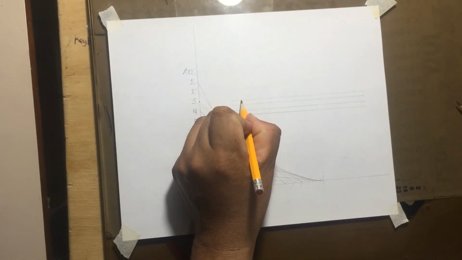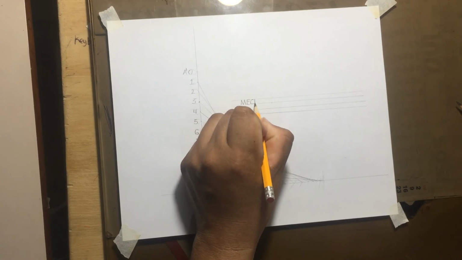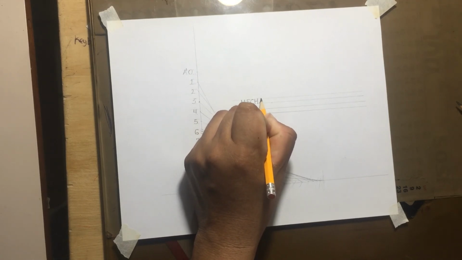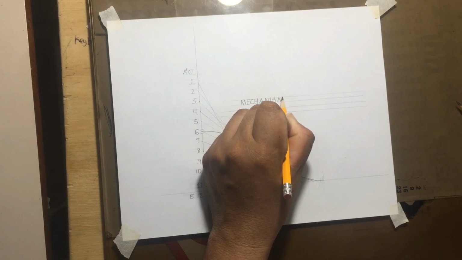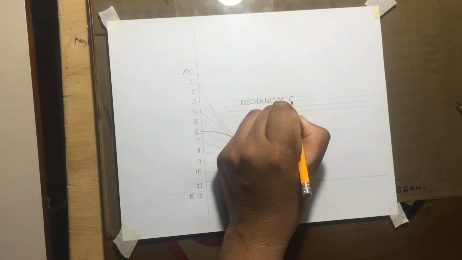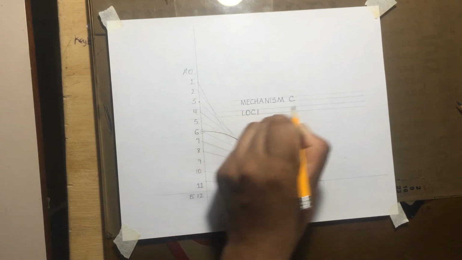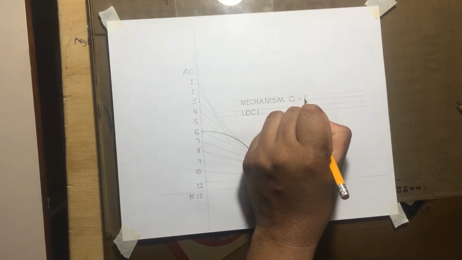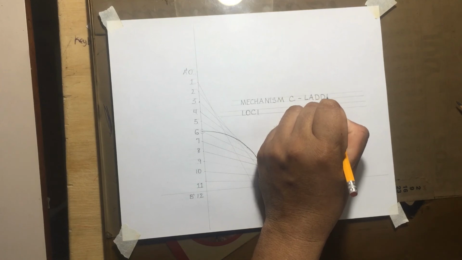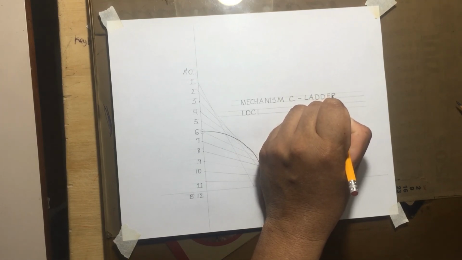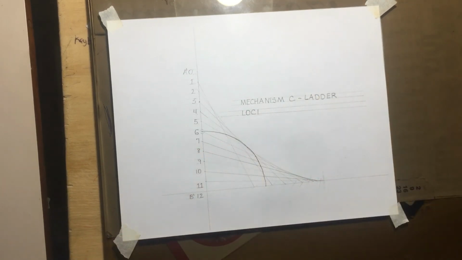We're going to call it mechanism C. Let's call it mechanism C, and we see ladder because it's not a crank but it is a ladder, as the midpoint, or what we know as P. Let us give a name to the endpoint.